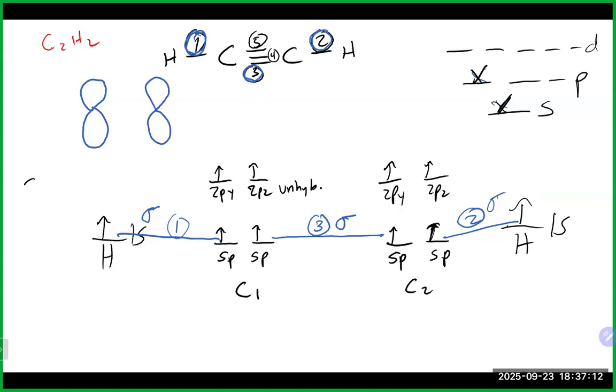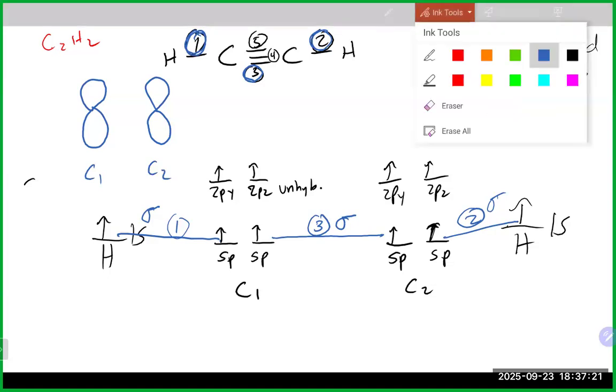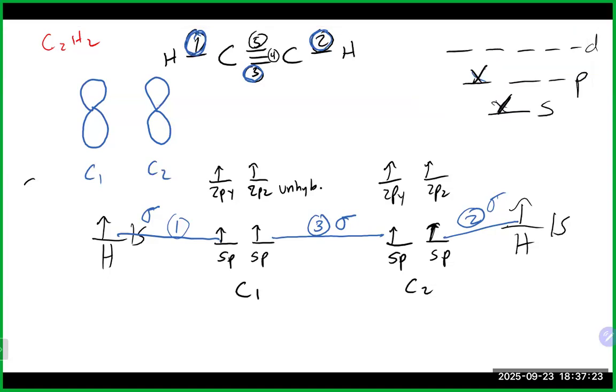So we'll have a set of p orbitals that are unhybridized on each of the carbons, carbon 1 and carbon 2. And I'm going to draw it a different color. And on a different axis here, we have another set of p orbitals, the y or the z. And what we're going to get here is sideways overlaps for each of them.